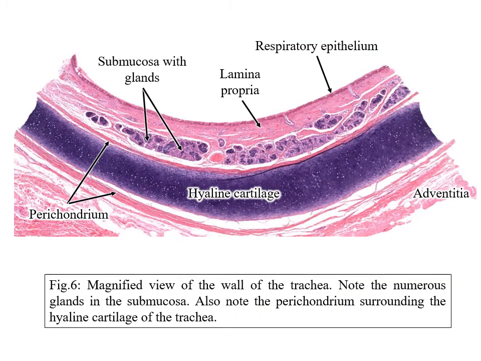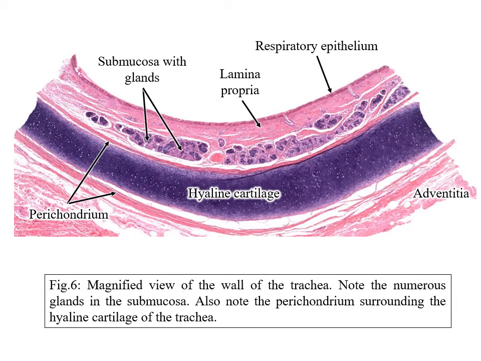This is a magnified view of the wall of the trachea, the mucosa of respiratory epithelium, and the connective tissue under the respiratory epithelium is lamina propria. Then we have the submucosa, another connective tissue layer, usually containing glands. There is a layer of elastic fibers between the lamina propria and the submucosa.